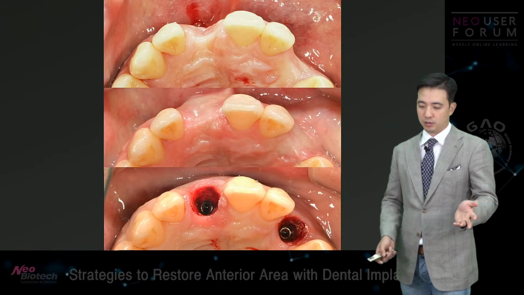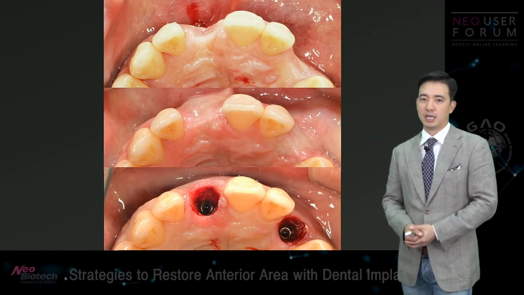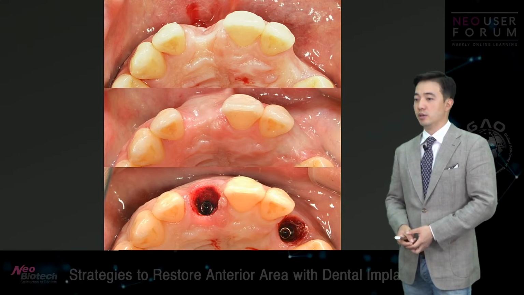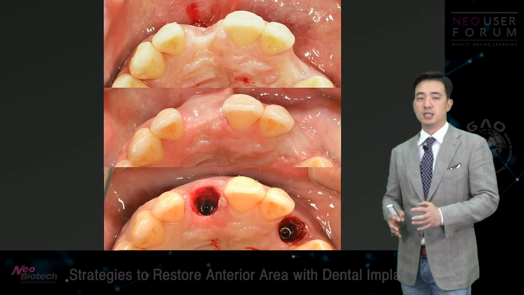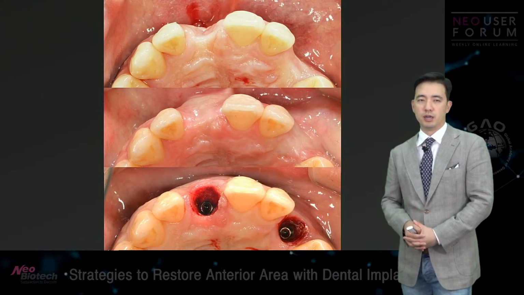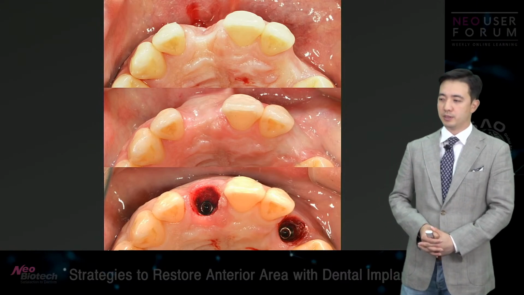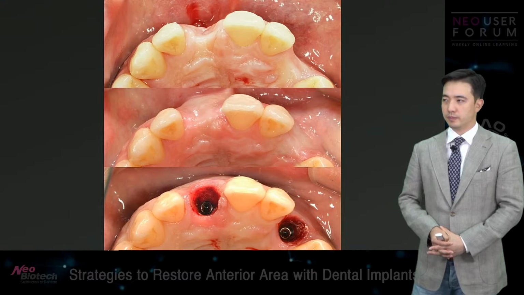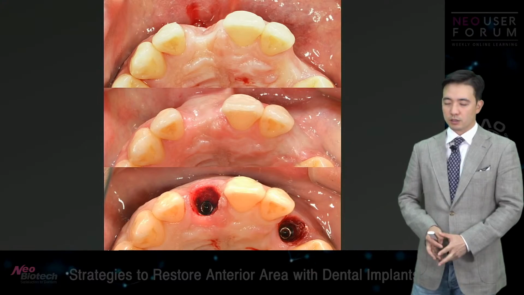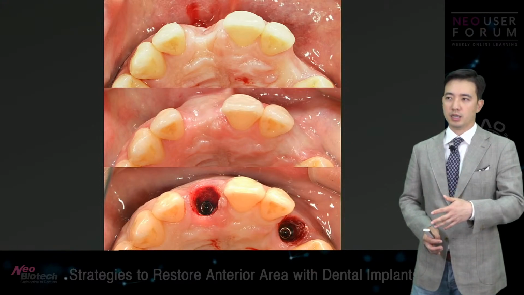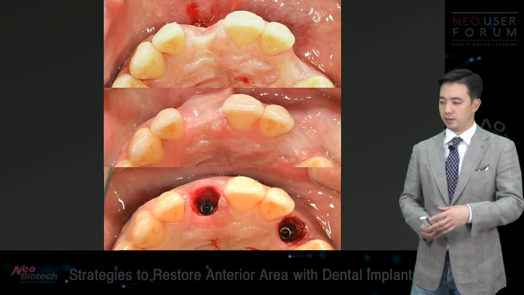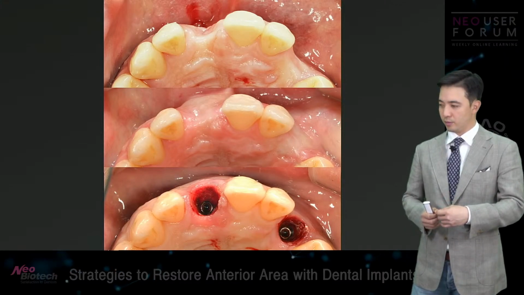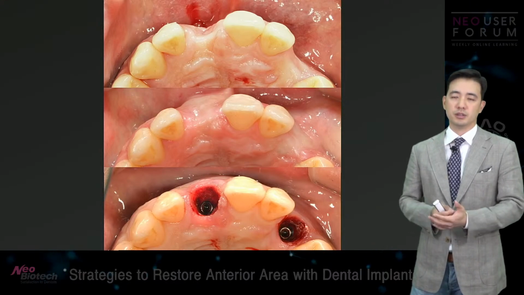Going back to my previous presentation, I showed one of my cases with a CT scan at, I think, a 2-year follow-up. What happens is the buccal part of the root gets ankylosed with the bone.